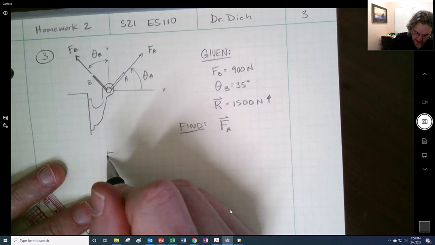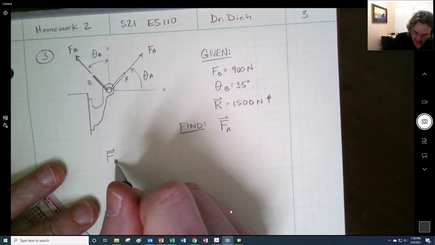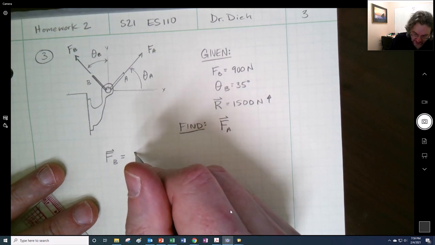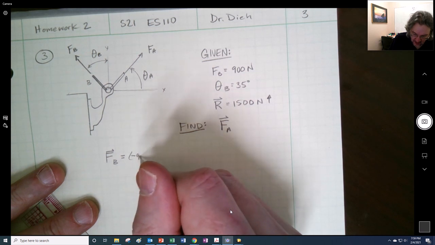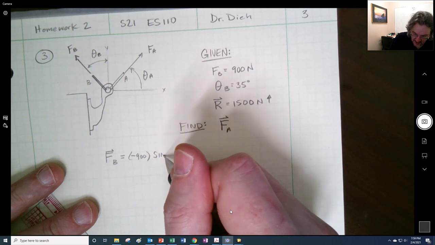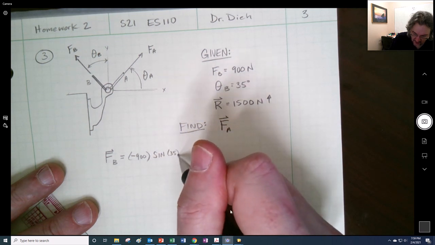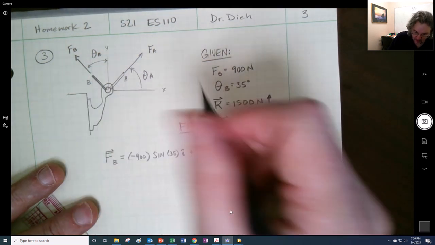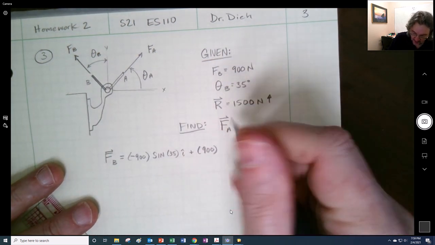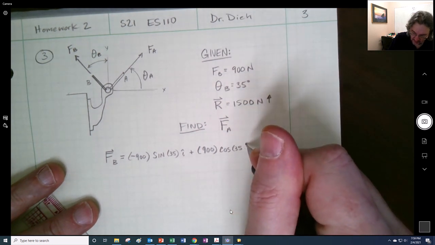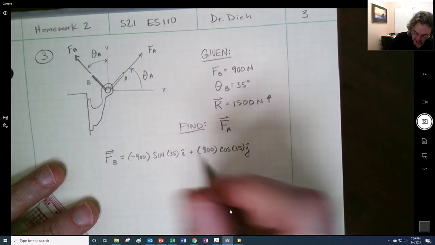Okay, so it's a little different from what we had done previously, but we can write out the things that we know, right? FB is equal to negative 900, because it's this way right here, times the sine of 35 degrees i, plus upwards 900 cosine of 35 degrees j, right?